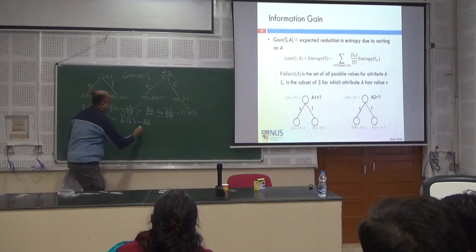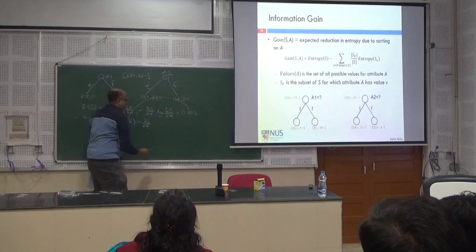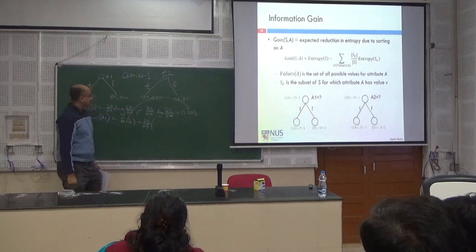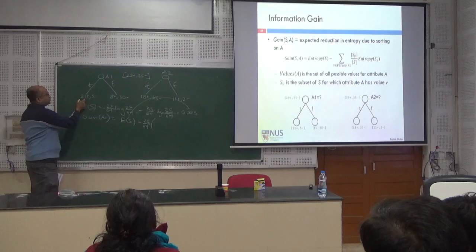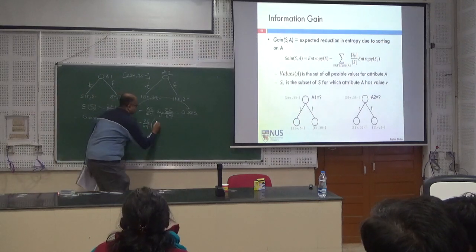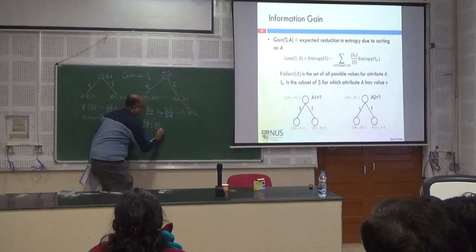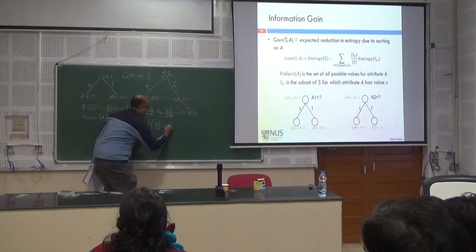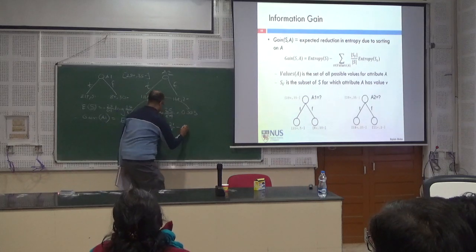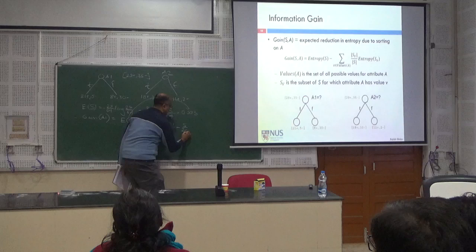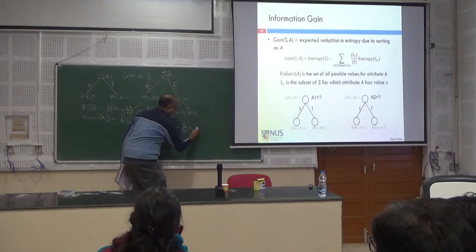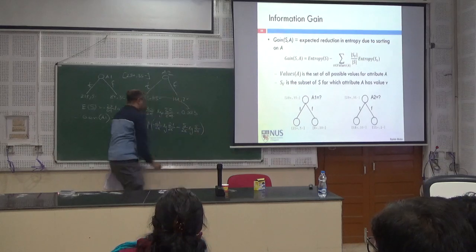Over 64. And then the entropy: 21 over 26 log 21 over 26, minus 5 over 26 log 5 over 26.